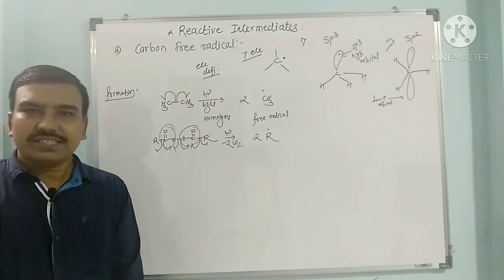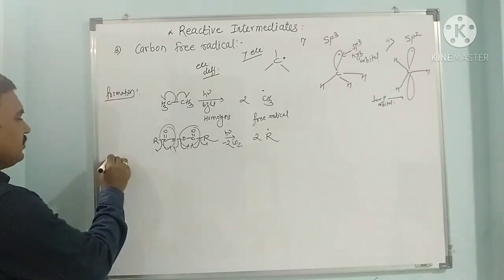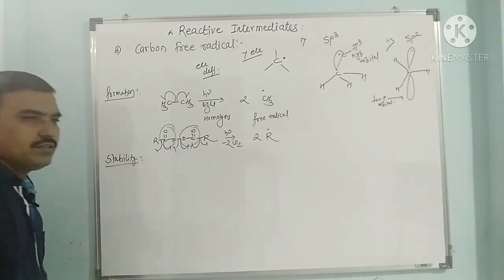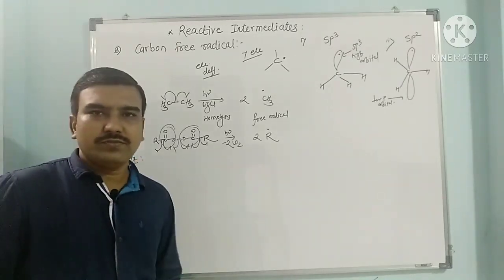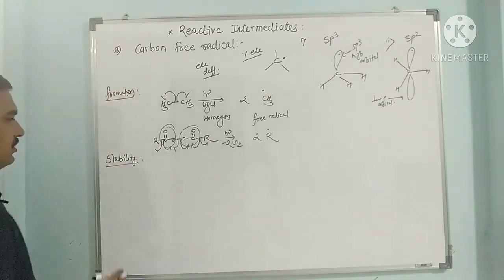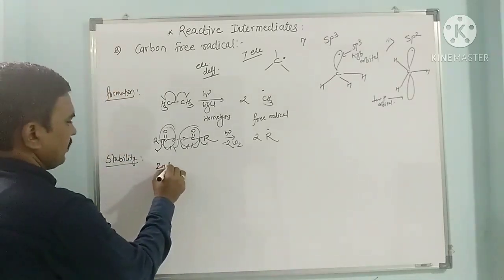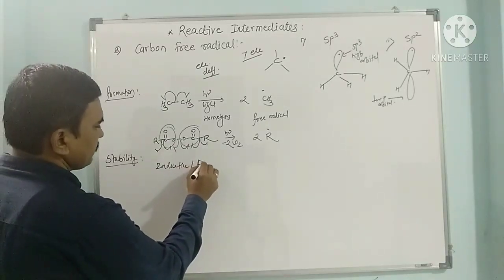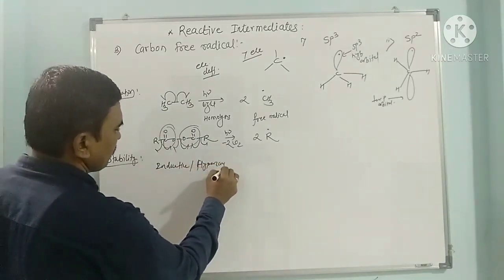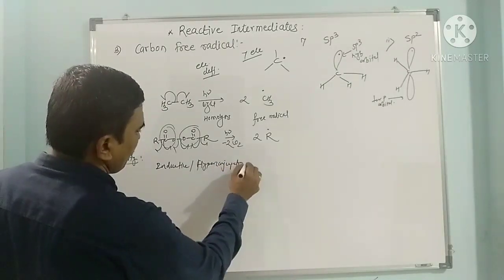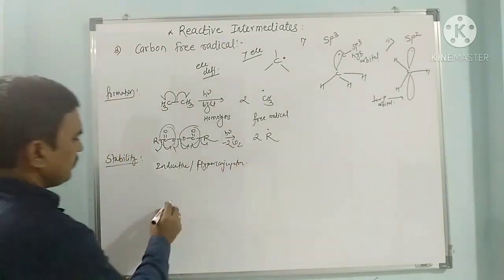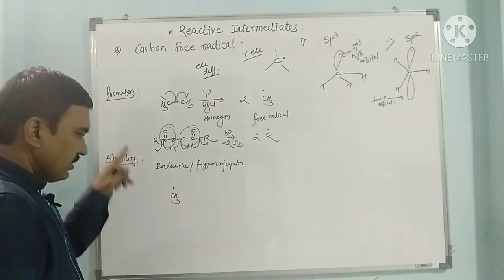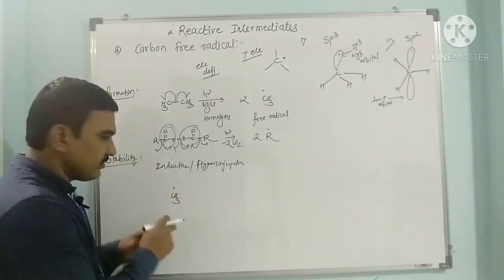Now I have to see its stability. It can be stabilized using hyperconjugation effect, inductive effect or resonance effect. As per inductive or hyperconjugation effects, the methyl radical is less stable because it is electron deficient.